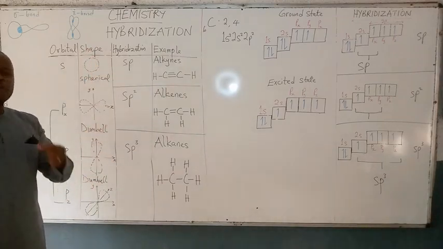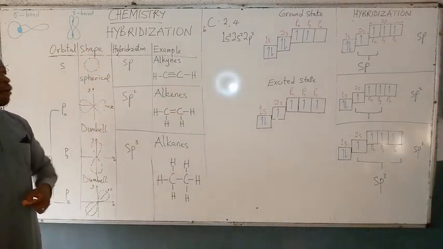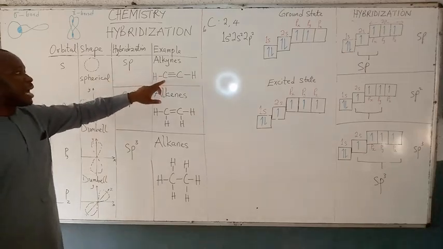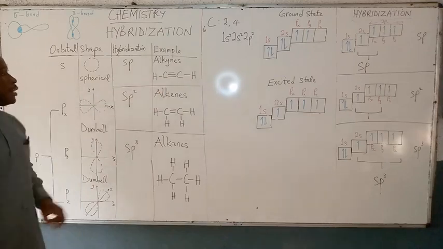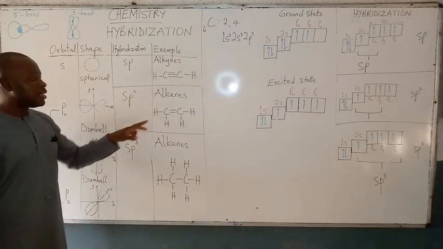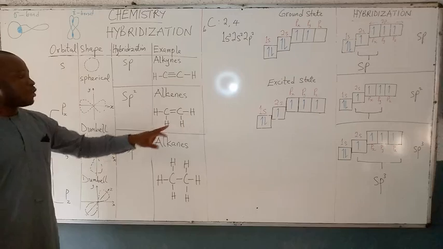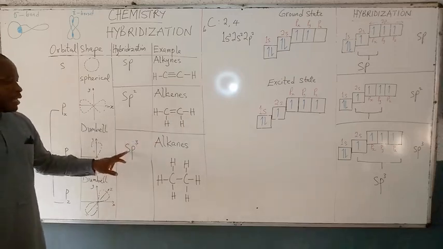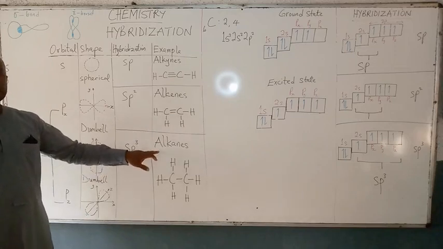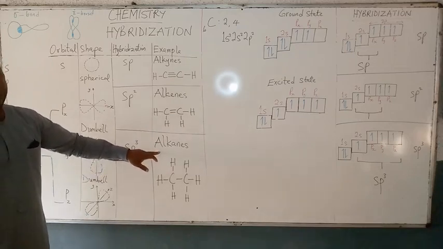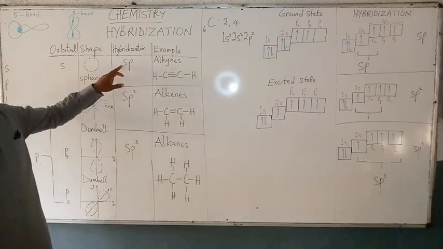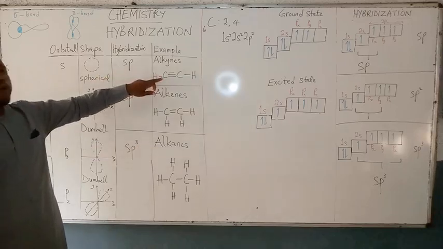And where do we find each type of hybridization on the board? sp hybridization is found in alkynes. sp2 hybridization is found in alkenes, where you have double bond. sp3 hybridization is found in alkanes, where you have single bonds all through, saturated hydrocarbons. sp is found where we have triple bond.